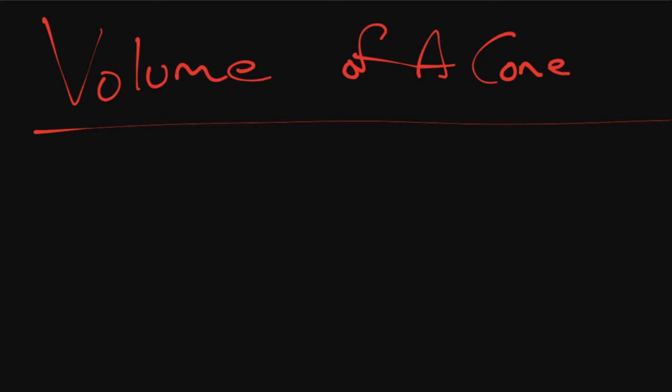Okay, so in this video we're going to be looking at the volume of a cone. In the last one we did a bunch of derivations to find out why the surface area formula is what it is, but I'm not going to do that in this one.